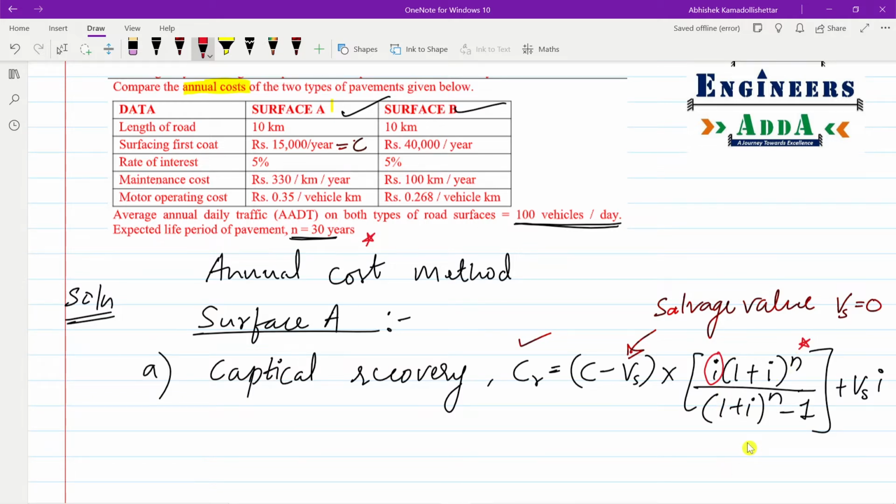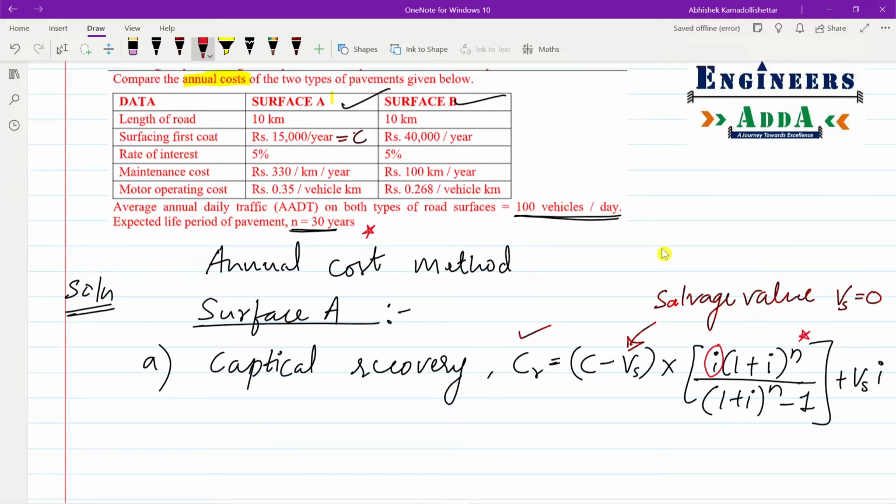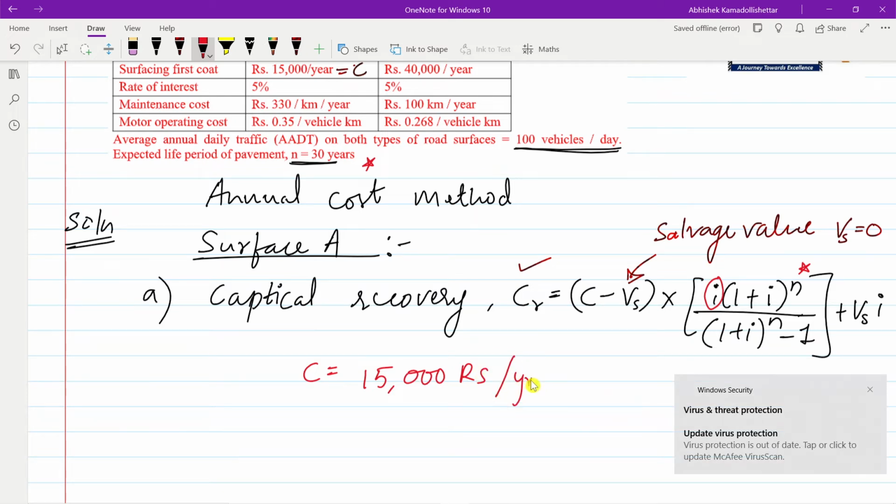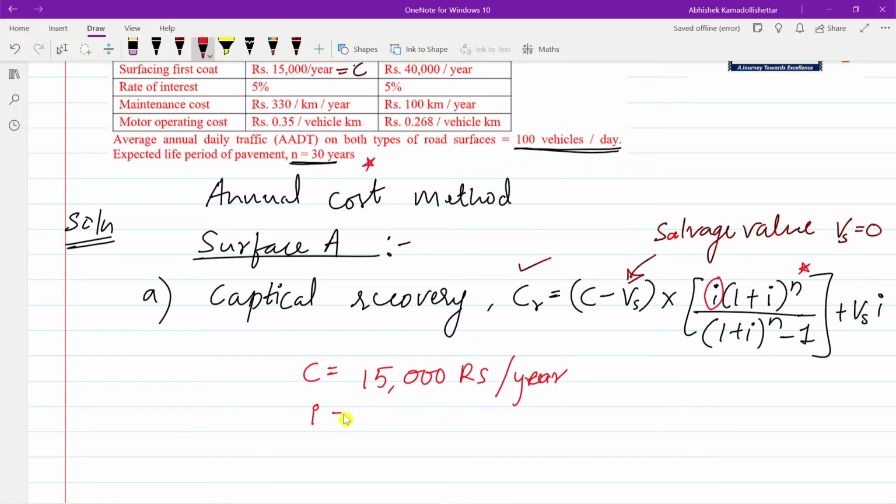So let's start our work. Let me write down the values here. C is initially 15,000 rupees per year. Next is the rate of interest I, which is 5 percent, that is 5 by 100, in decimal form 0.05.